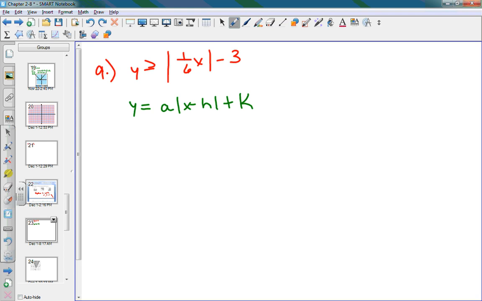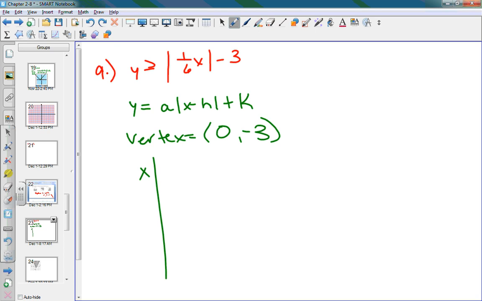Yes. What's my vertex? 1. What's added in the middle to represent H? Or subtracted? Anything? So if there's nothing there, what's it understood to be? 0. And then what am I adding at the very end? Negative 3. There's my vertex.